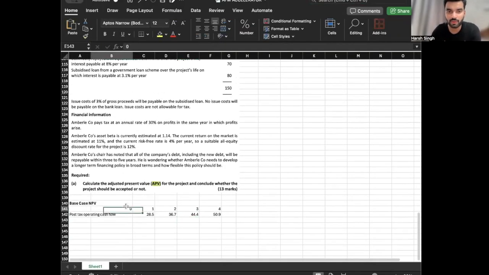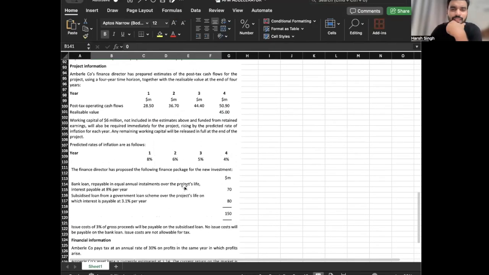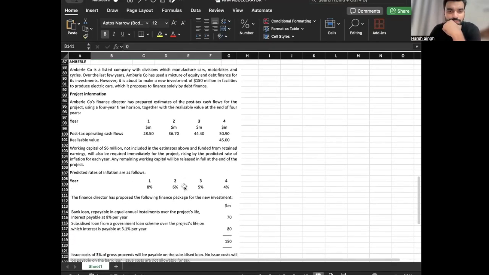So these are my post-tax operating cash flows, which are directly given. Make things easy for me.